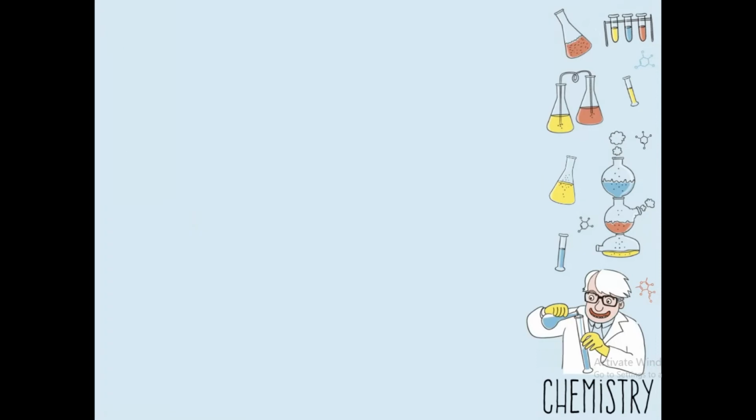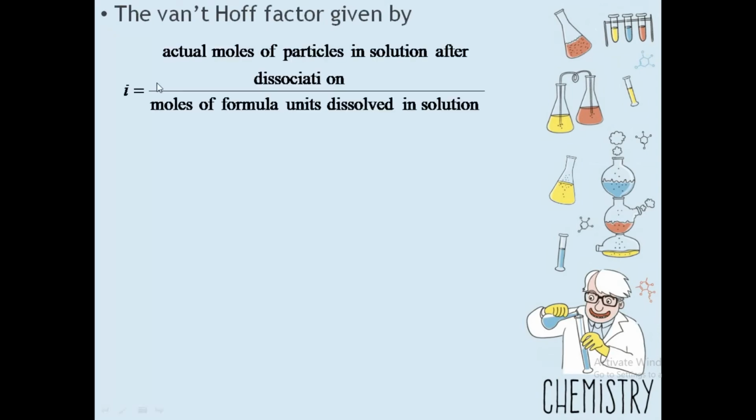Now the Van't Hoff factor, given by i, means the actual number of moles of particles in the solution after dissociation divided by the moles of formula units dissolved in the solution. This is the actual moles after dissociation, which we have already calculated, and the number of moles of formula unit dissolved in the solution.